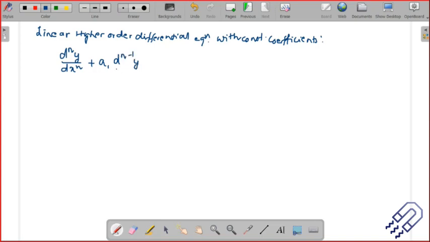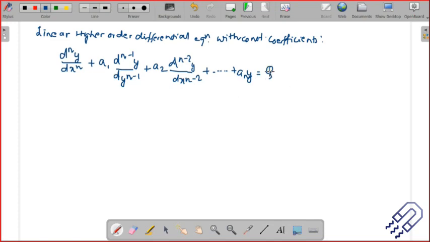Whenever we write down the differential equation, we arrange it in descending order of the orders of the derivatives. So I can write a2 and then d^(n-2) y. There is a pattern here, so we need to take care of that. Finally I can have an, and then the final term would be just y.